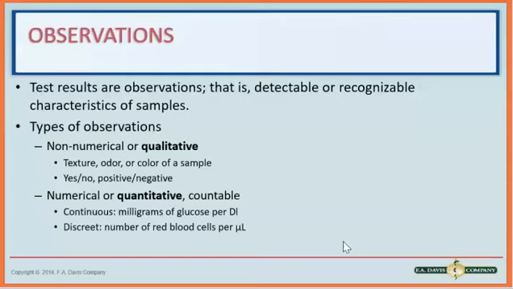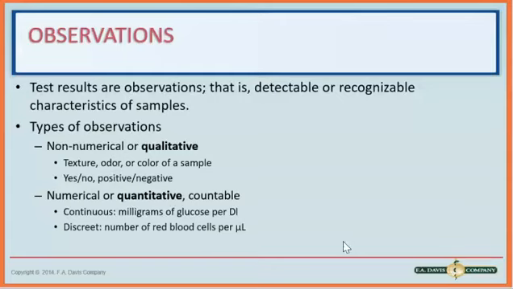It's usually a color change, a texture change, a change that's either positive or negative, or a yes, the substance is there, no, the substance is not there. As far as your result, there's not a number associated with the result.